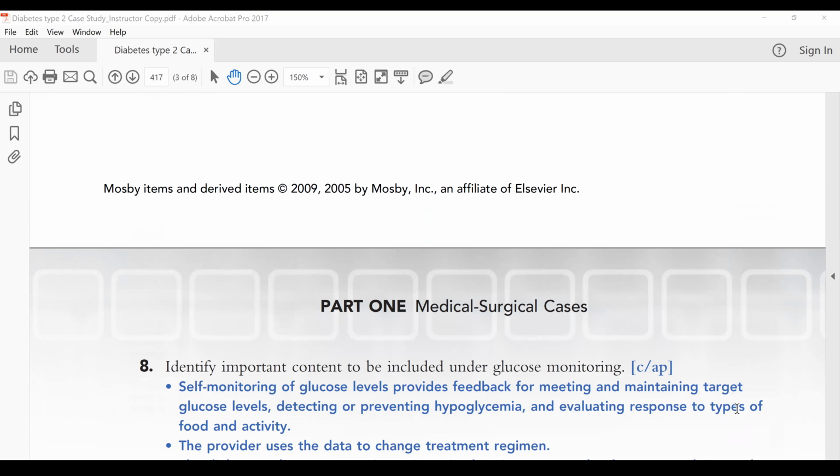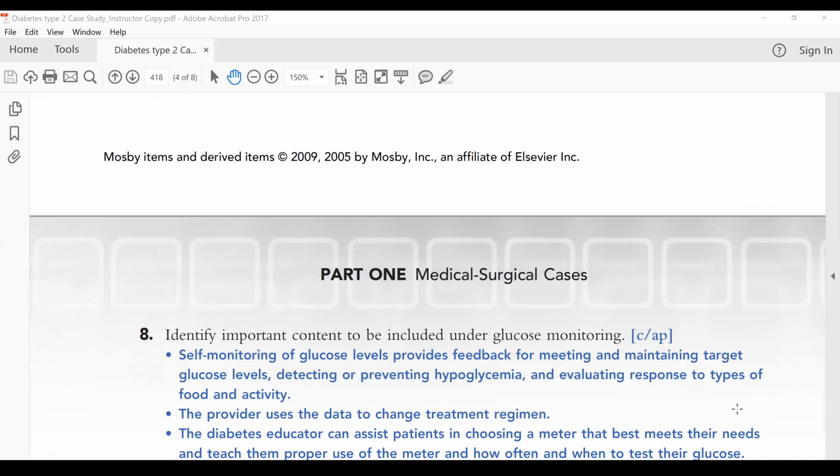So, physicians will start you at a particular level, but they have to monitor if this level of insulin or this level of the oral agents are working for you. Have a simple carb or sugar available with protein so that way you can maintain your blood sugar in case it does go low.